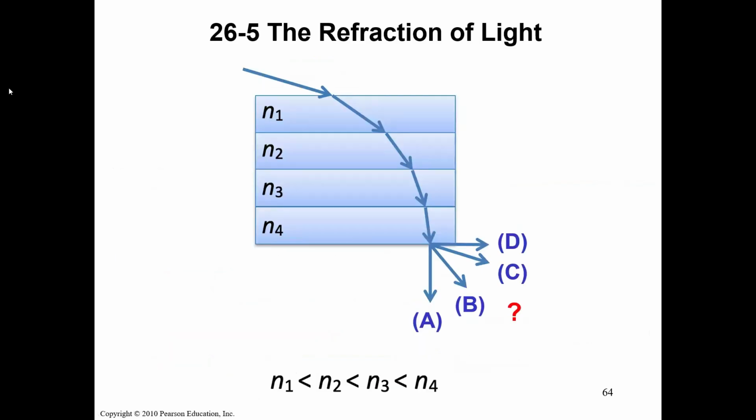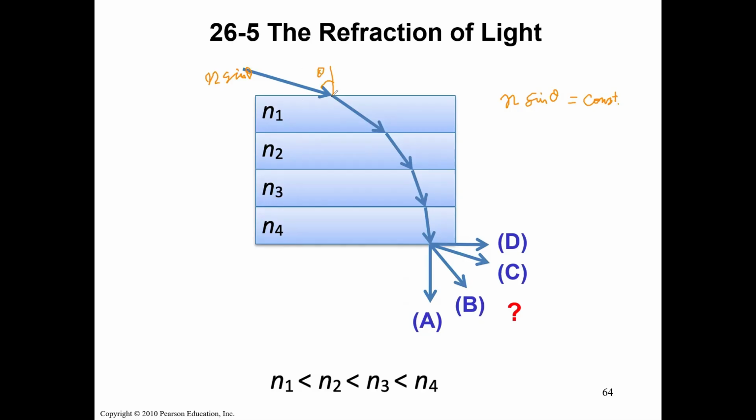And we can solve this kind of question. We keep in mind that during refraction of light, n sine theta is a constant. So if we have a medium n in here, we have n sine theta in here, where theta is this angle.